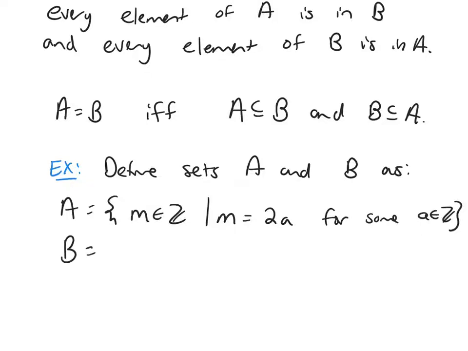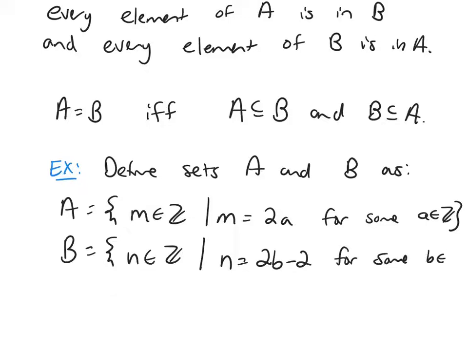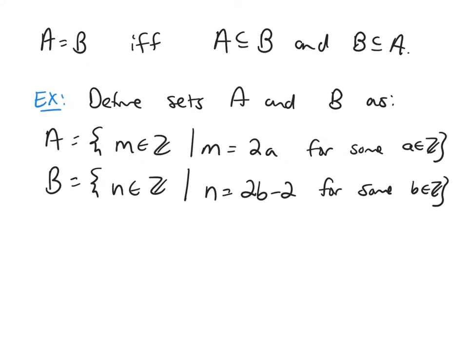And B is all of the integers that you can write as 2 times an integer minus 2. And I want you to prove that A equals B.